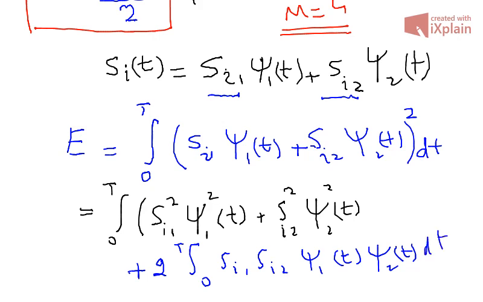Now we have to find this integral, a squared plus b squared plus 2ab. This will give us the energy of our signal.